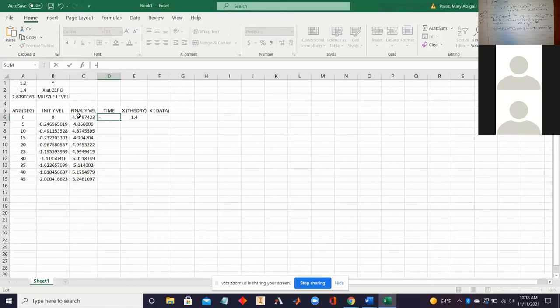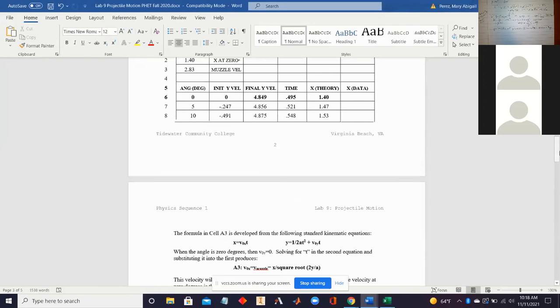So final minus initial, everything divided by, yeah, put parentheses on that though. And it's just regular 9.8. I think they had 495 in the table.